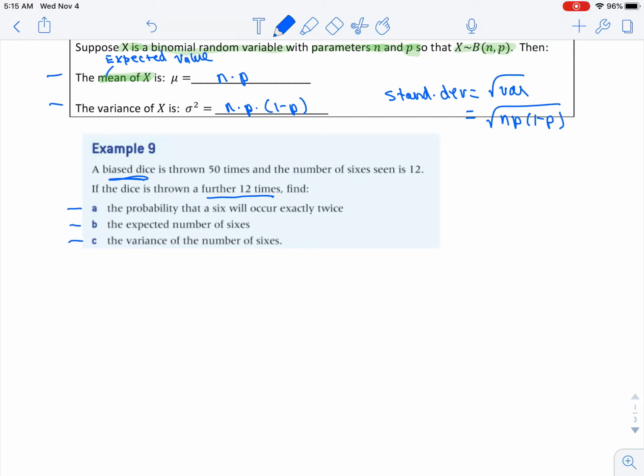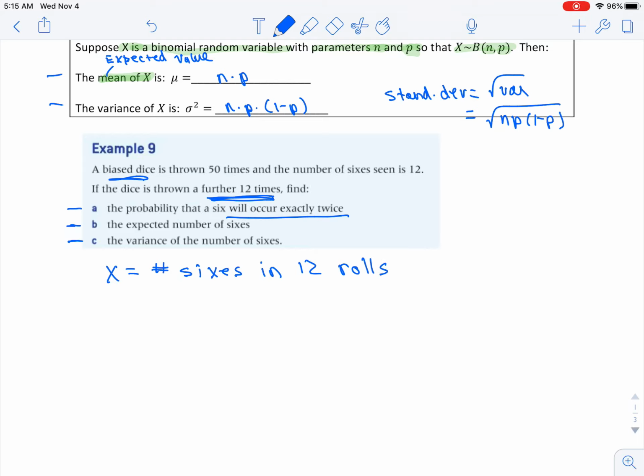And I want to point out here, it wasn't clear to me when I first read this problem, when they ask for the expected number of sixes and the variance, they're only talking about this further 12 rolls. They're not talking about the initial rolls. So when we first look at this, we might say, okay, this could follow a binomial distribution if we let X, since we're counting the number of times the sixes occur, equal the number of sixes in the 12 rolls.